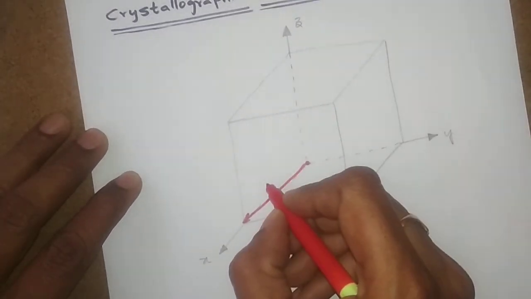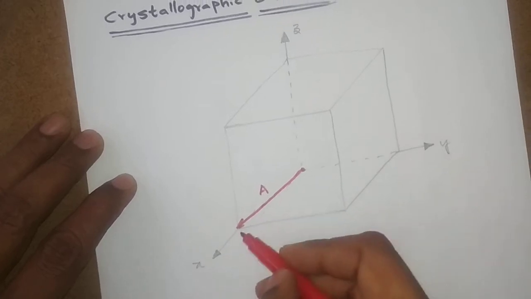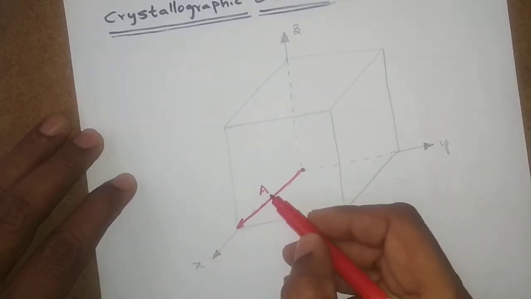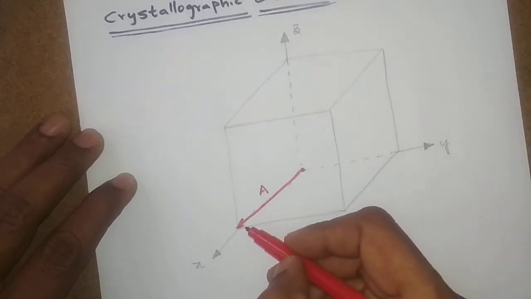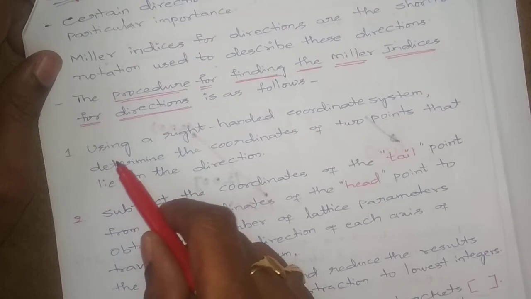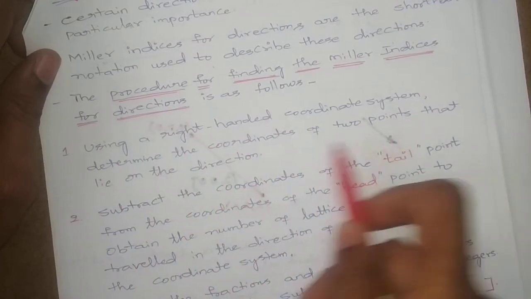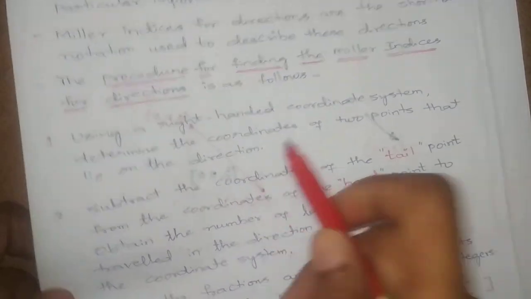Let me mark this as A. Let us identify the Miller indices for A. This is a direction. So what is the first step? Using a right hand coordinate system, determine the coordinates of 2 points that lie on the direction.